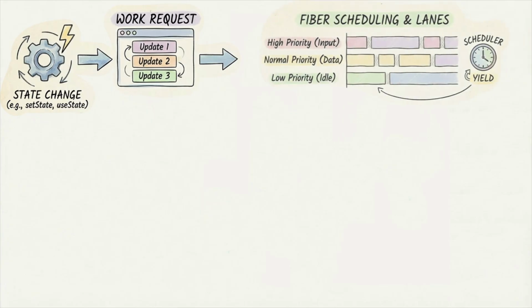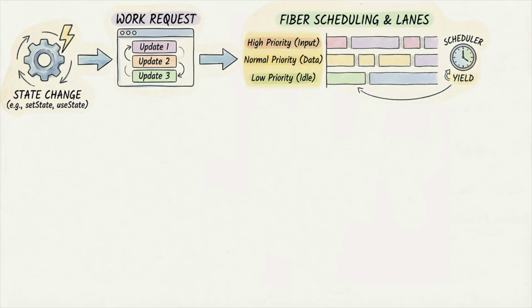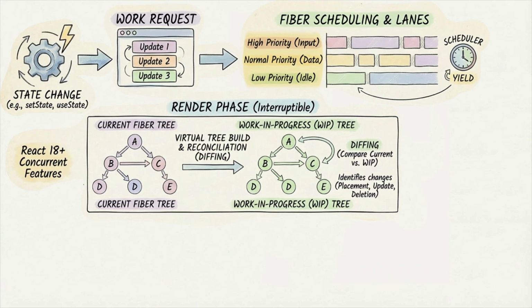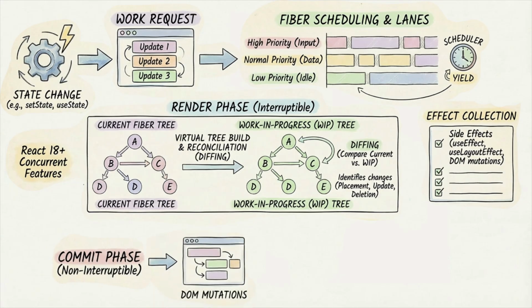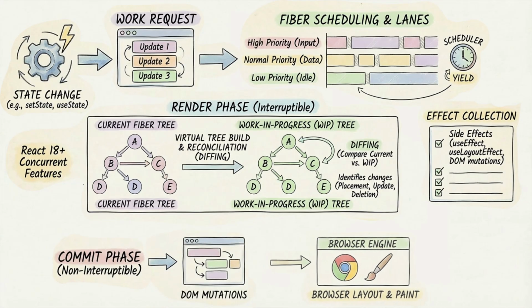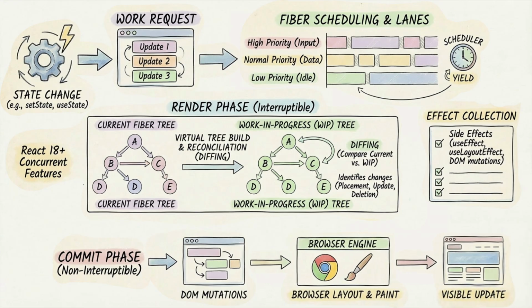It's scheduling tasks, evaluating priorities, building a virtual UI, diffing fibers, collecting mutations, optimizing work, updating only what's necessary, and finally committing precise changes to the DOM. That's the real engine behind React's speed and reliability. And now you understand it better than 99% of developers.